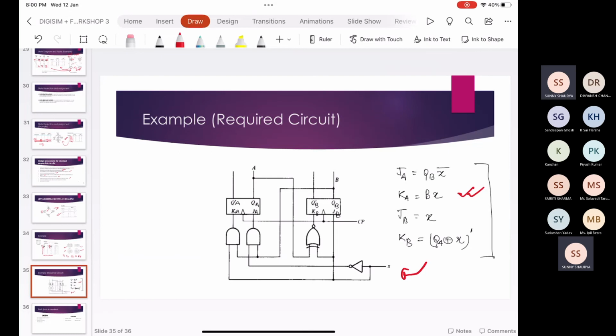See here, JA is equal to QB X bar. And KA is equal to QB X. Using this, we can implement the circuit.